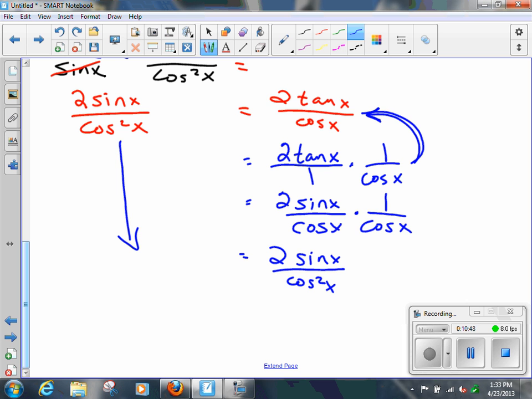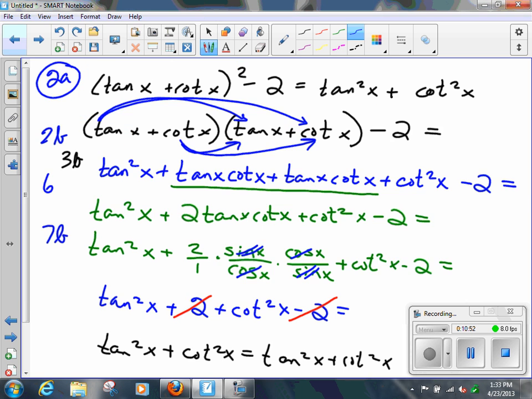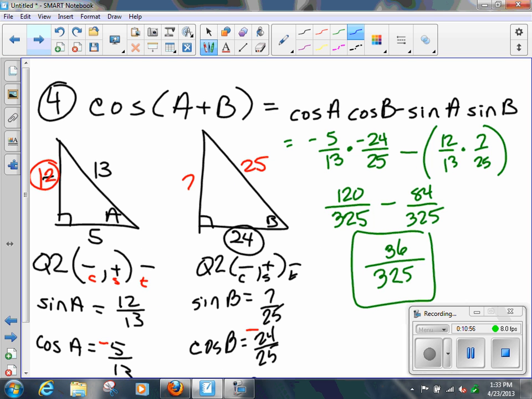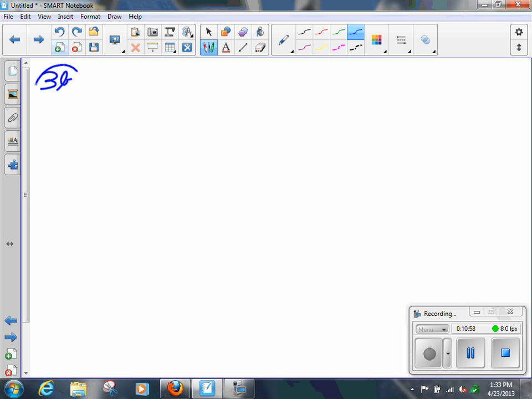All right, here we go. 3B. Sine of 7 pi over 12. Folks, you're going to have to use your sum or difference formulas when you've got these weird angles that we don't know the name of.